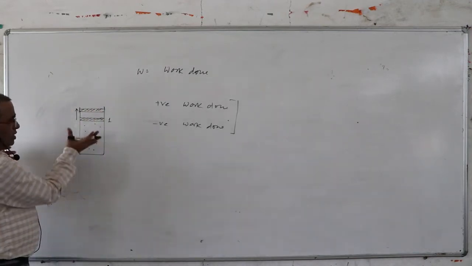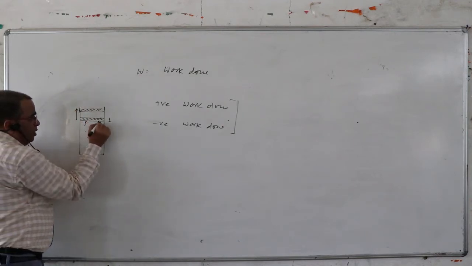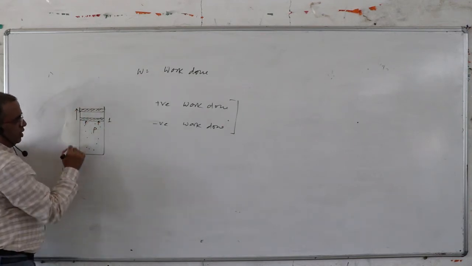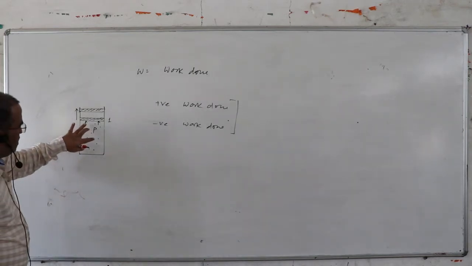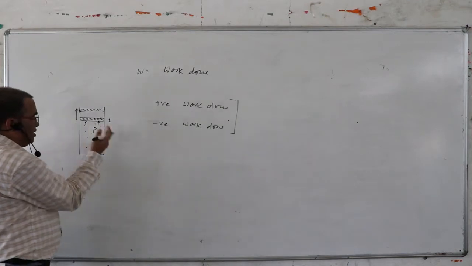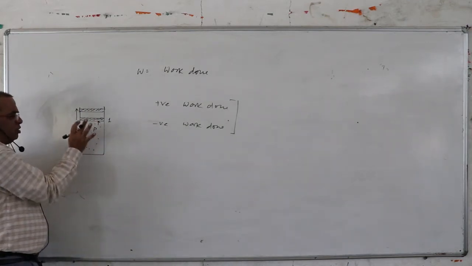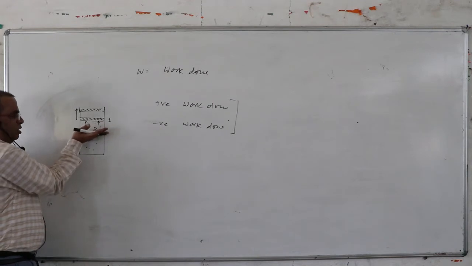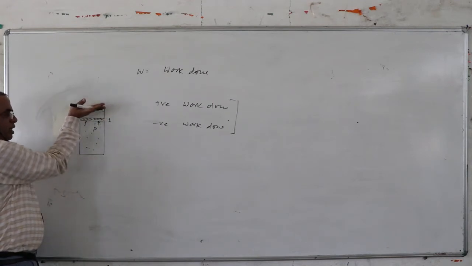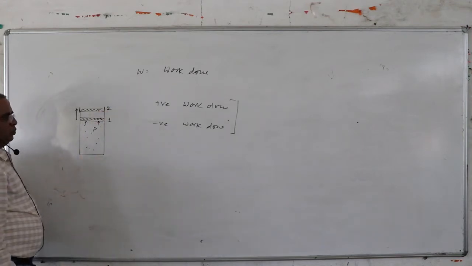In that case, you can see the gas expanding. Say the pressure of the gas is P, and it may be constant or it may not be constant, that is a different issue we'll discuss later. Let us say at that instant the pressure is P and it is constant, and at this constant pressure the gas is expanding, the piston moving from position 1 to position 2.